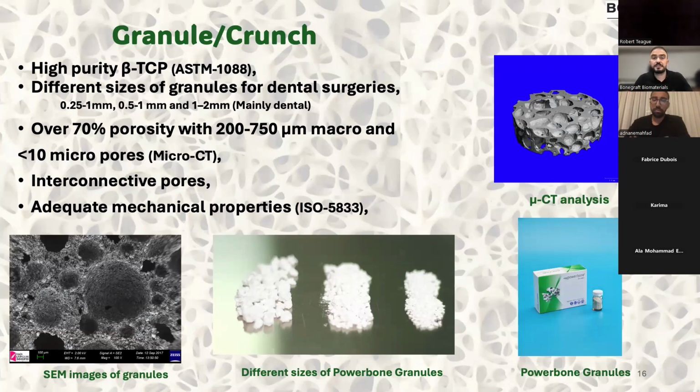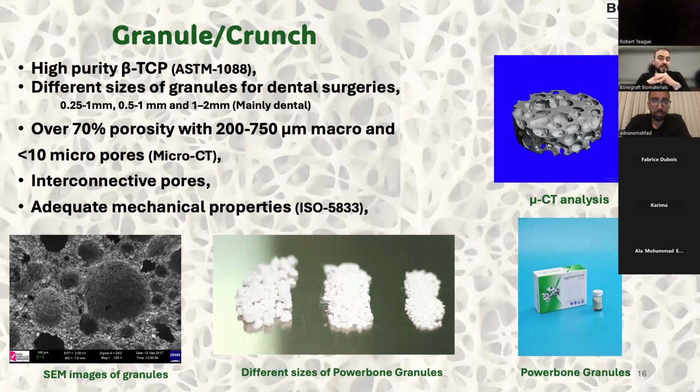Since these graft materials are being used clinically in a long-term profile, there are strictly product-based standards. You cannot just synthesize beta TCP and say, here is my graft. You have to obey the standards, and the standards have a lot of characteristic tests.